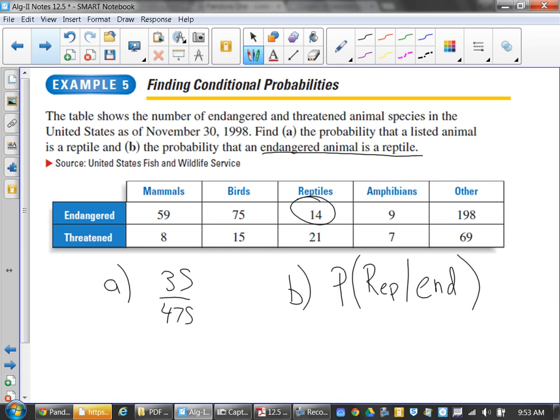So it's asking, instead of being all animals, it made it more specific. Probability it was a reptile, given it was endangered. So the 14 out of that is 322. So we read it wrong. It's 325.